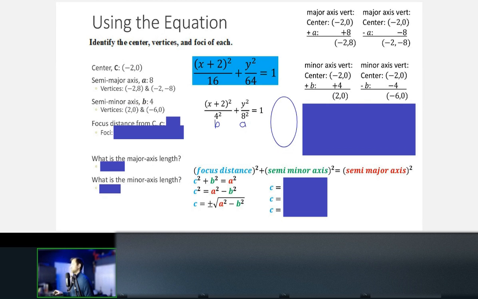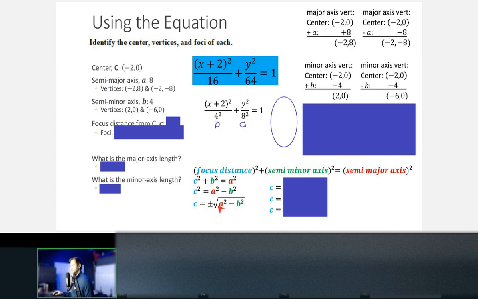Right, then we're going to jump into the focal points. So we need to calculate what C is. We already know A is 8 and B is 4. So using this formula we're given on the previous pages, we're just going to plug in 8 for A and 4 for B to solve C. In this formula, I went ahead and just solved for C before plugging stuff in.